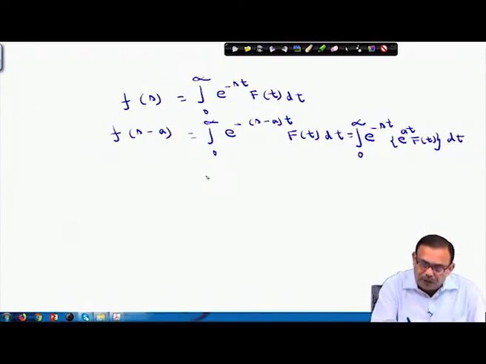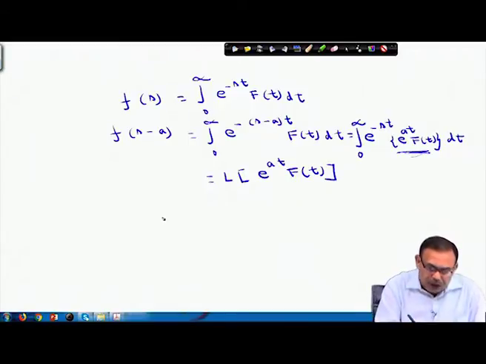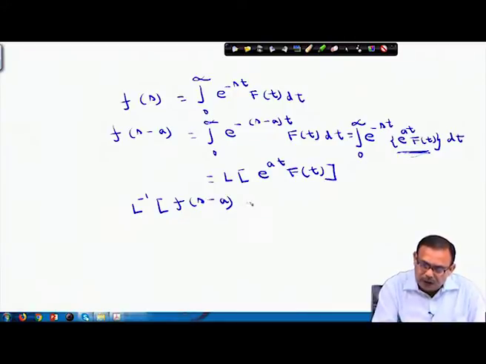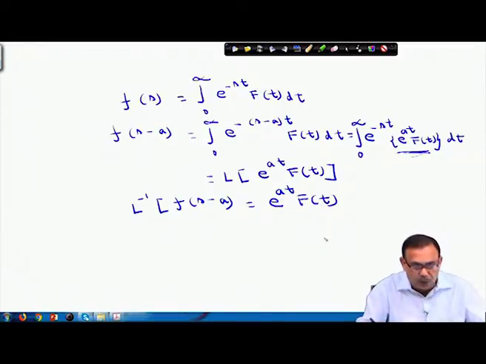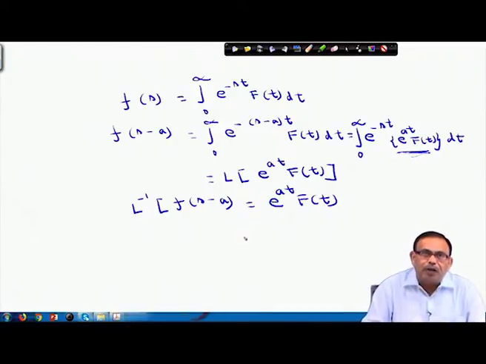So this is nothing but, again from the definition of Laplace transform, the Laplace transform of e power a t into f(t). Therefore, I can say that Laplace inverse of F(s minus a) equals e power a t into f(t). So this completes the proof that if Laplace transform of f(t) is F(s), then Laplace inverse of F(s minus a) is equal to e power a t f(t).